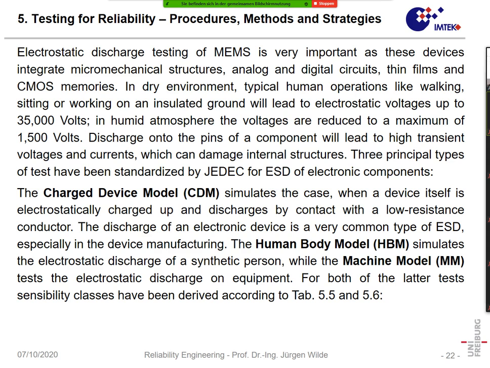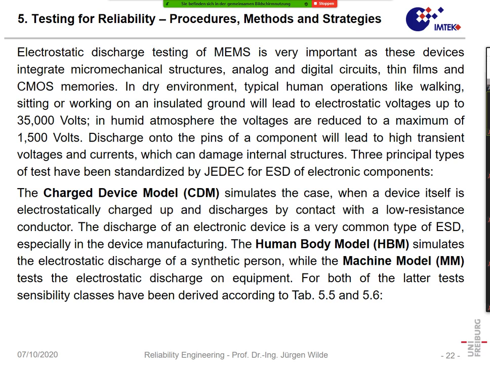It is the charged device model. That is when a device is charged itself and it discharges against an external contact. On the other hand, what is much more severe is the human body model.